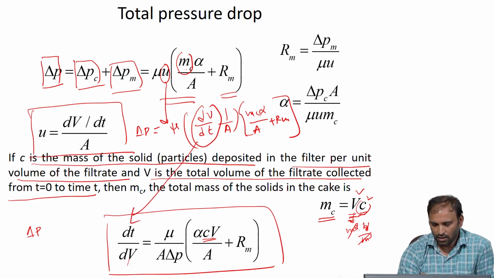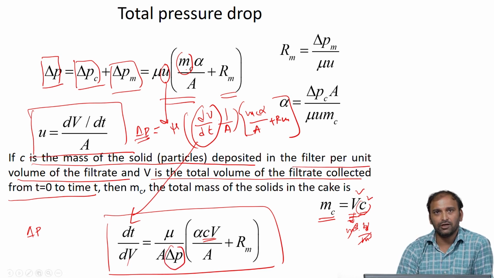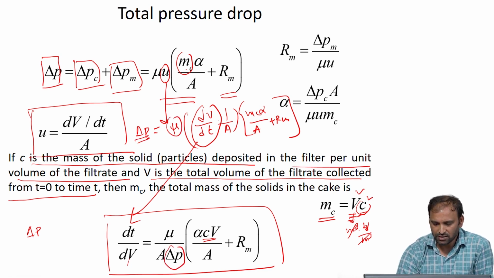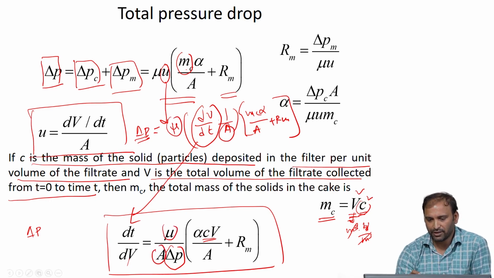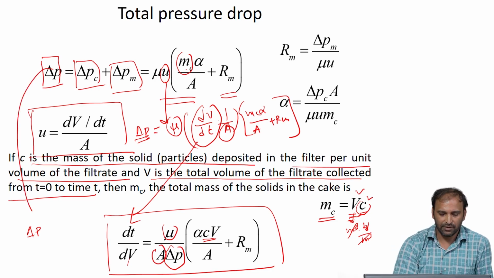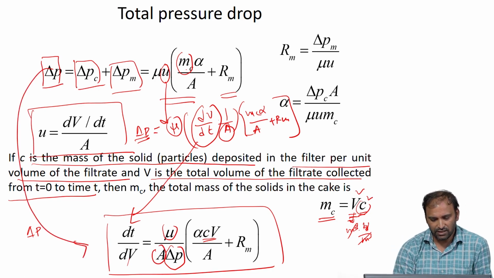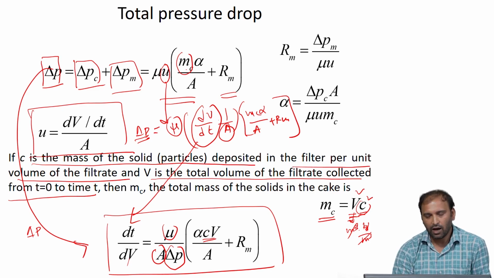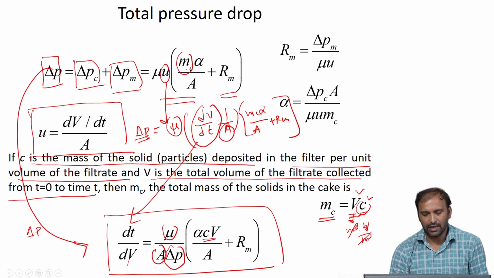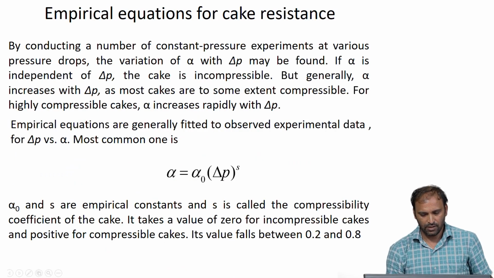Delta P goes to the denominator, mu remains wherever it is, and A also remains in the denominator. So I'm recasting this equation as dt by dV equals mu divided by A delta P times (alpha CV divided by A plus Rm).